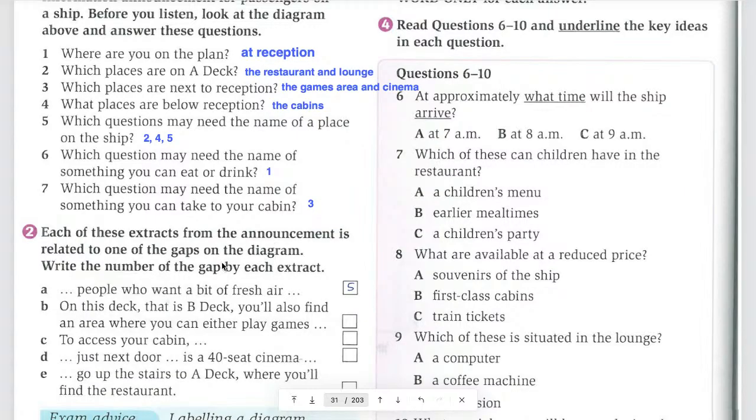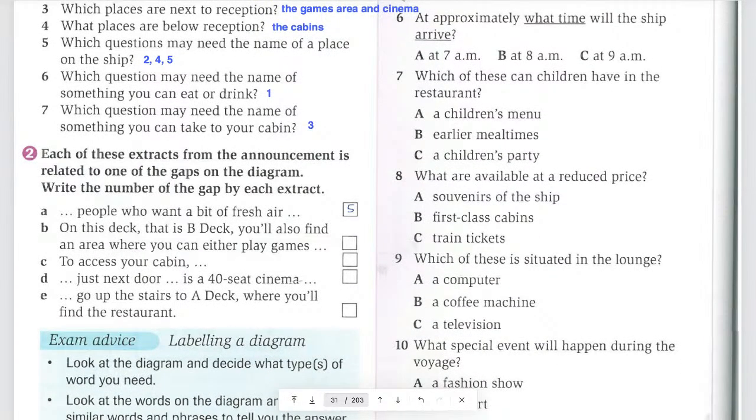You understand? Now you do the rest. B, C, D, E. Do it, guys. Do it.